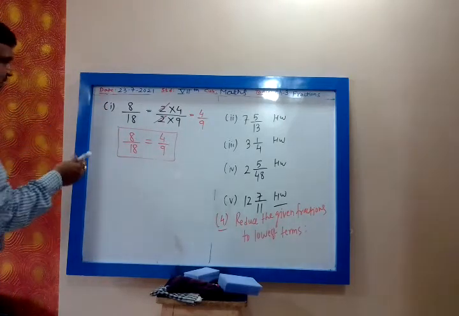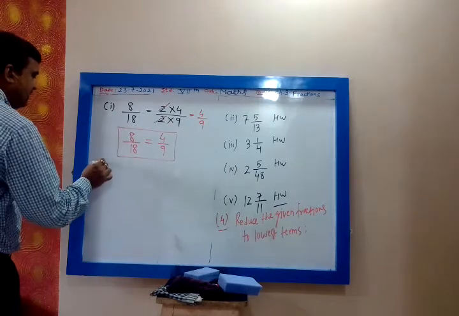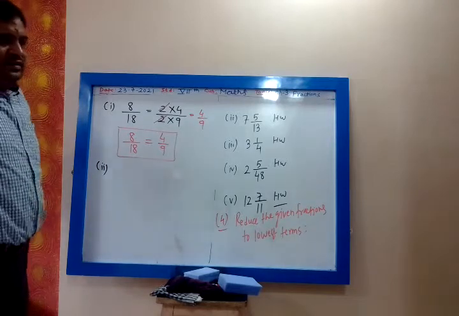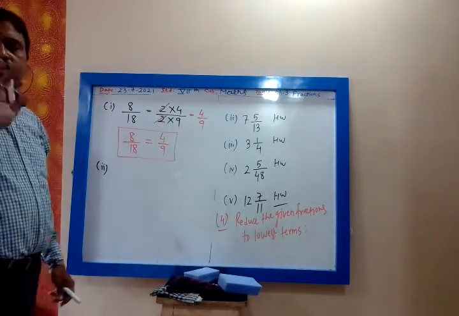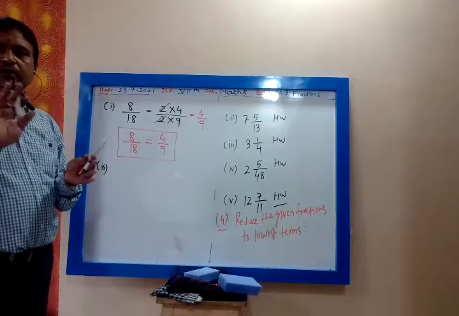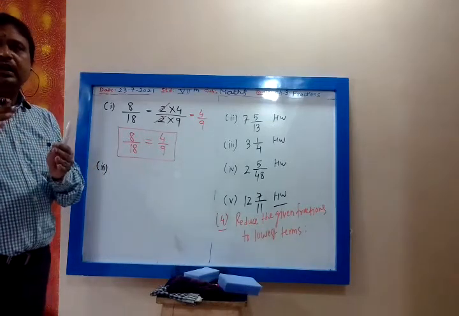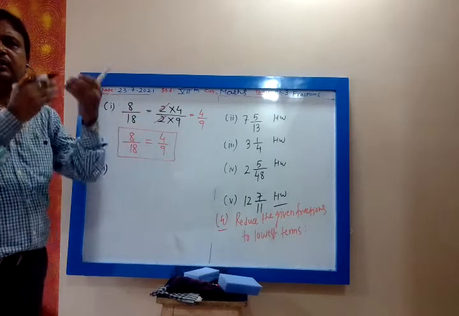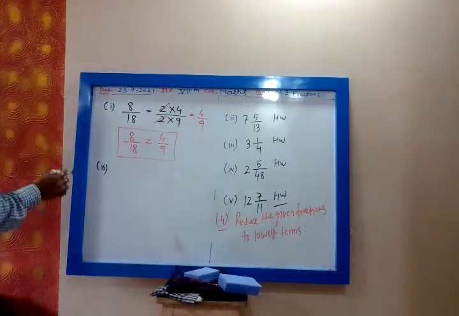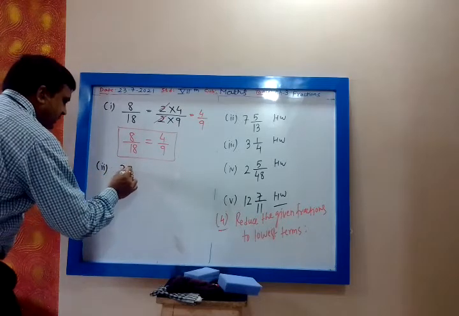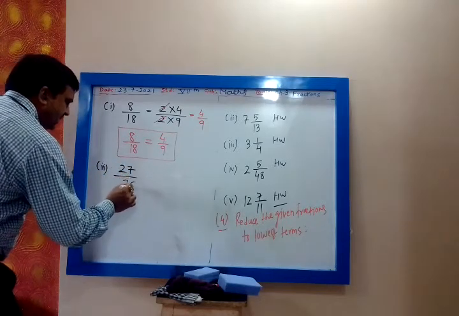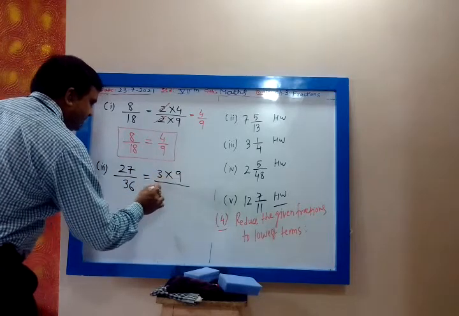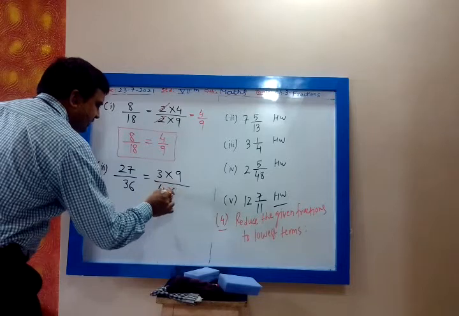Then second, 27 upon 36. You don't have to multiply. You have to cancel the common factors. Whichever factors are common in numerator and denominator, you have to cancel all of them. 27 I can write as 3 9s are 27, and 36 as 4 9s are 36.